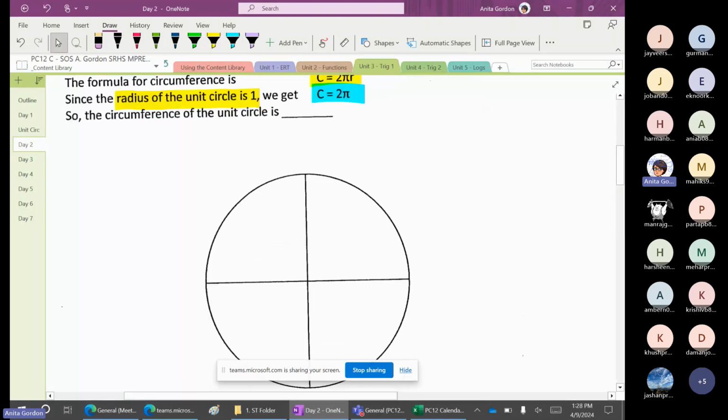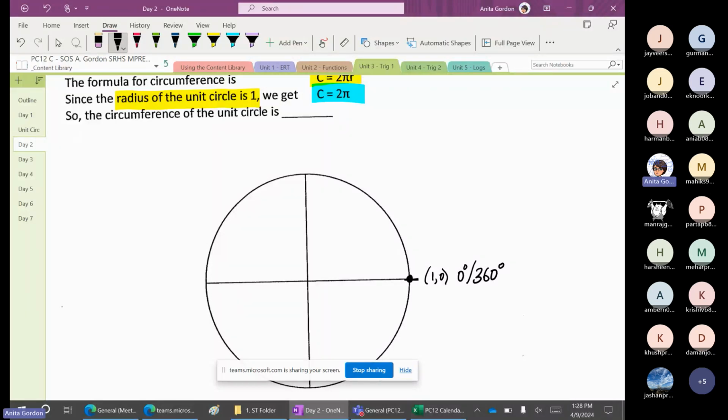Before, we said we're going to start at this point. The coordinate for this point is 1, 0. X is 1, y is 0. So we're on the x-axis starting at the point here. We say that this is 0 degrees. And if we go all the way around the circle, then this is 360 degrees.